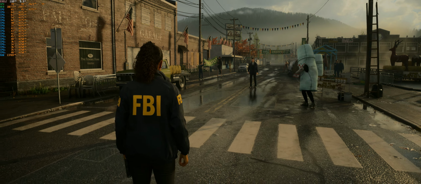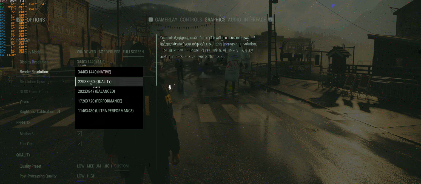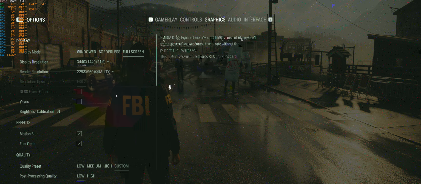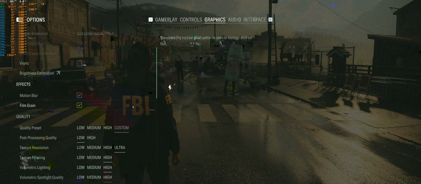So quality mode, it shows you the internal resolution right there. And of course, we're going to go down to the effects here. I have motion blur enabled, film grain, just to make it more cinematic. And of course, we got the presets here. I have it set to custom. So every setting here is pretty much maxed out other than this one right here, post-processing quality.